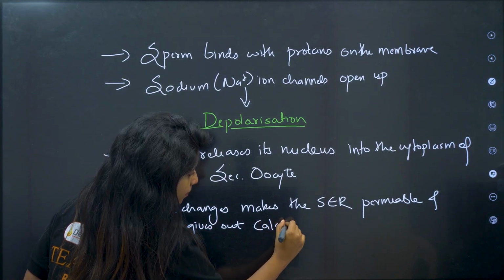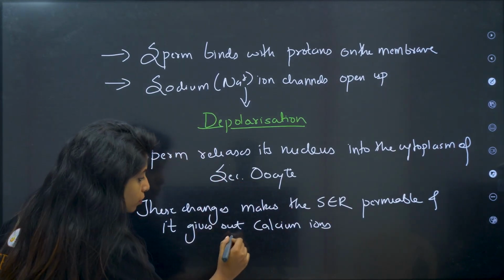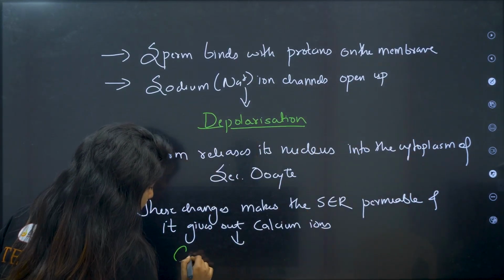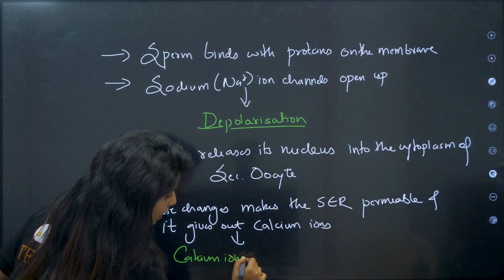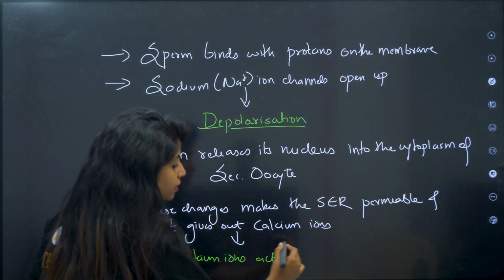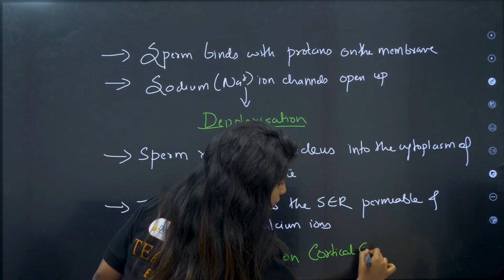Calcium ions. This calcium, what will it do? The calcium ions act on what is there inside the ovum? Cortical granules.